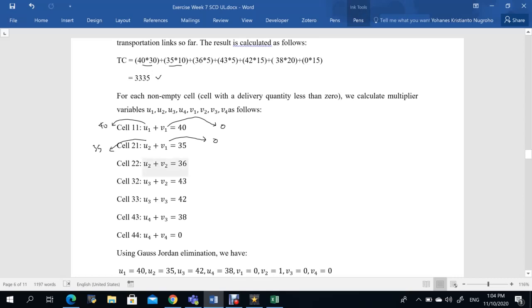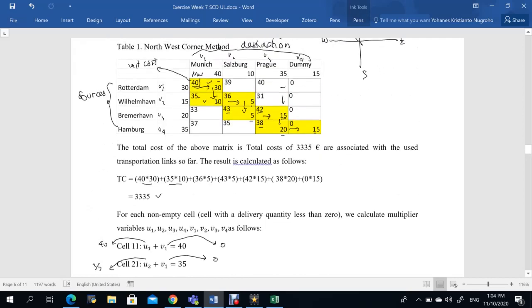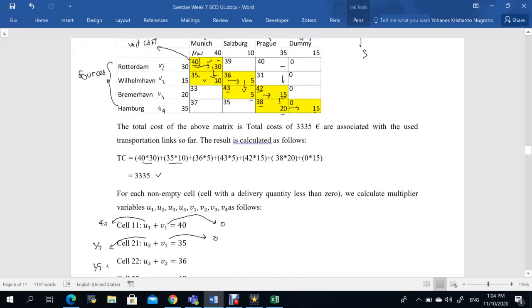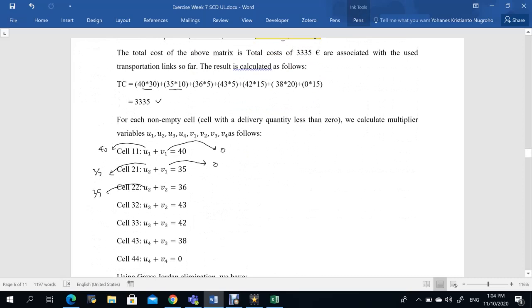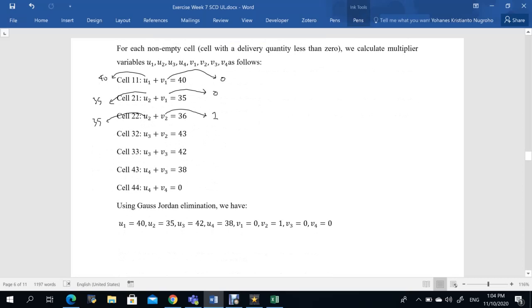And for transporting from source number 2, that is Wilhelmshaven, to Salzburg, we need additional 1, and therefore V2 equals 1. And we do the same for other variables, and therefore we find U4 equals 38 and V4 equals 0. Okay.